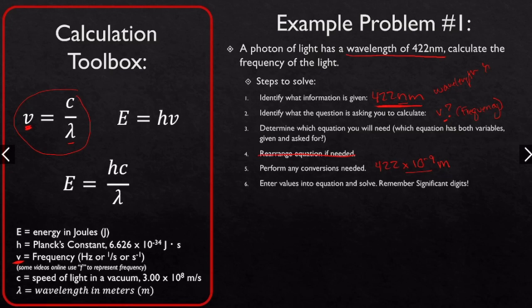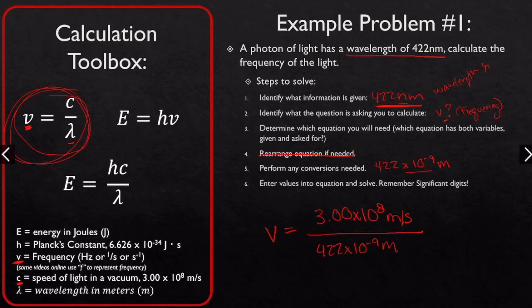Remember, I'm using this equation here, and v is my unknown, so frequency is my unknown. C is the speed of light, so I'm going to write 3.00 times 10 to the 8th meters per second. And my wavelength needs to go on the bottom, so 422 times 10 to the negative 9th meters.